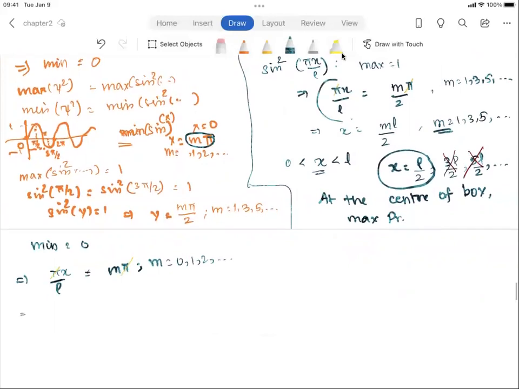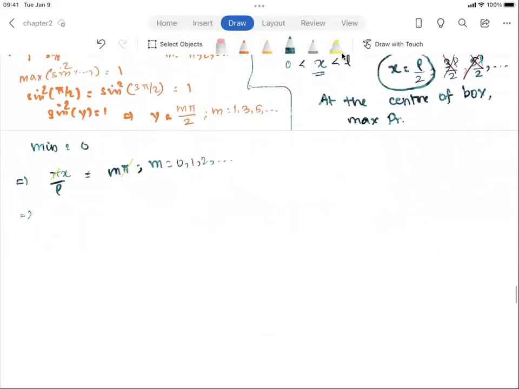And that would give me x to be equal to nL. And we again have the constraint that x be between 0 and L, or we also know that the wave function is 0 at 0 and at L, at the boundaries, right?